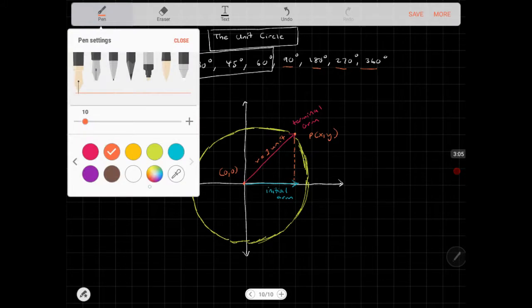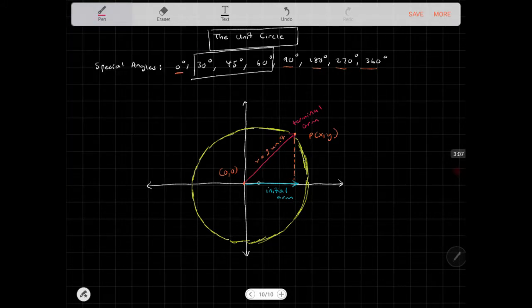And a degree of rotation here, call this guy theta, is basically going to create a right angle triangle, right? Because this point can be expressed as x and y, this dimension here is x, and this dimension here is y.